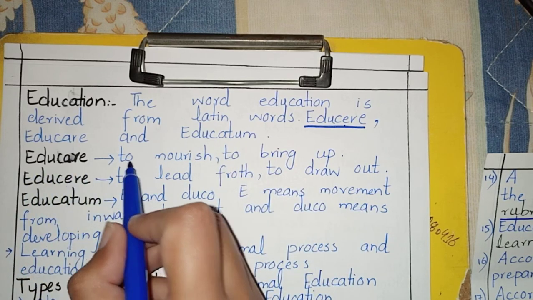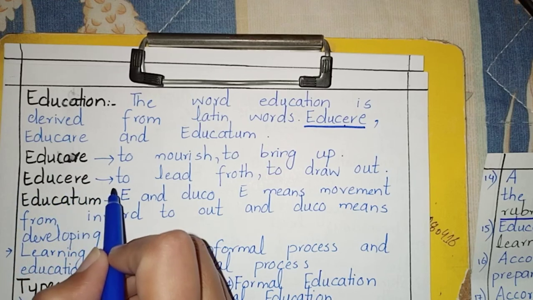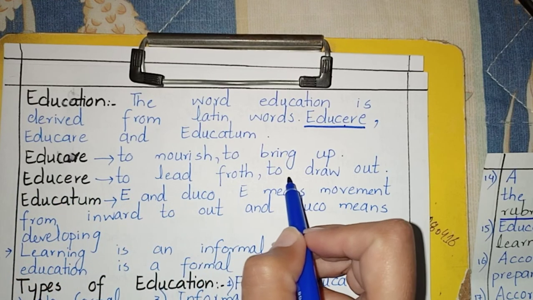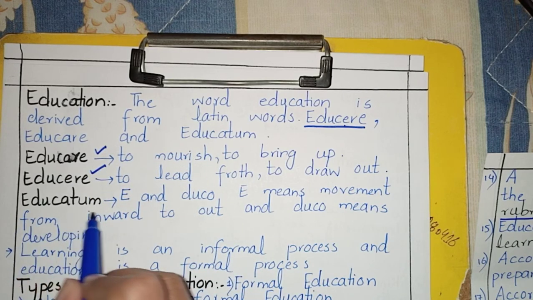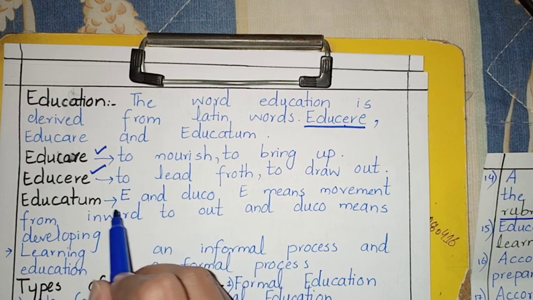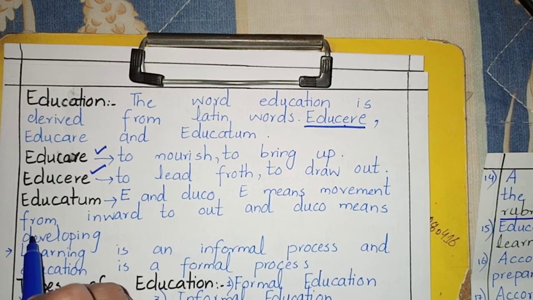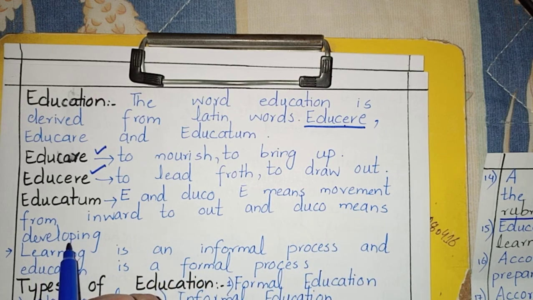Educare means to nourish and to bring up. Educere means to lead forth, to draw out. Remember these definitions. And educatum has two words, E and duco. E means movement from inward to outward, while duco means developing.